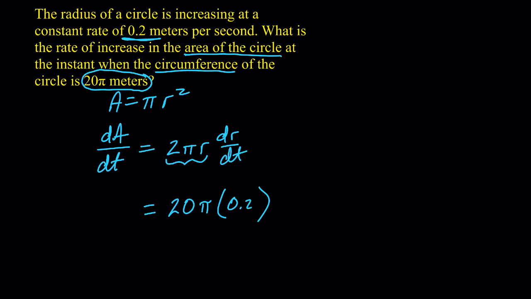Oh, 0.2 is equal to 2/10. So I'm just going to replace that with the fraction here, and 2/10 because the 10 and the 20 will cancel, and that's going to give us 4 pi. This is the rate at which the area is changing, and that's going to be square meters per second.